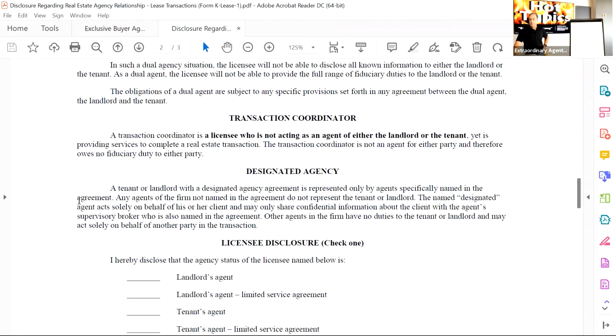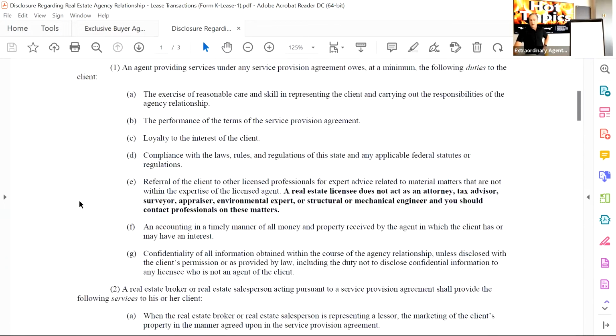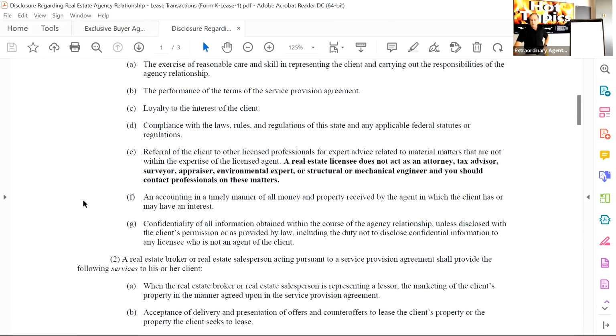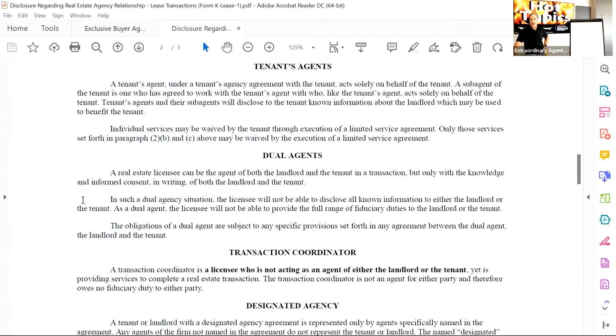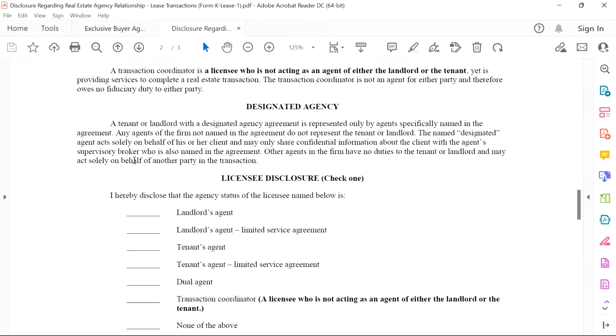It describes all of them. We talked about the sub-agent, where that individual acts as an agent of the seller. That was the reason we offer zero compensation to a sub-agent.